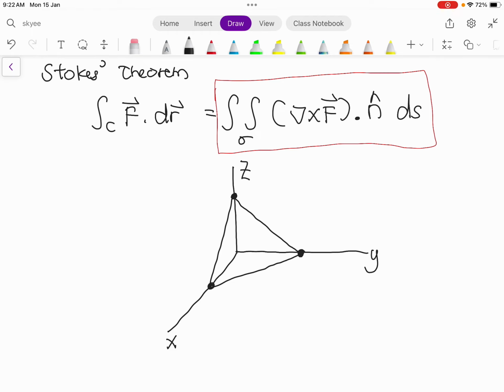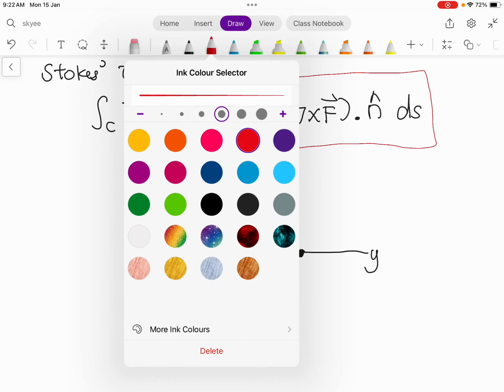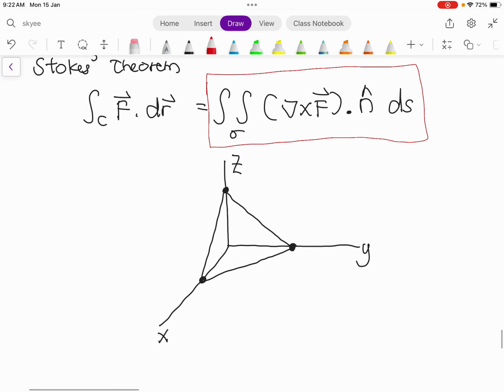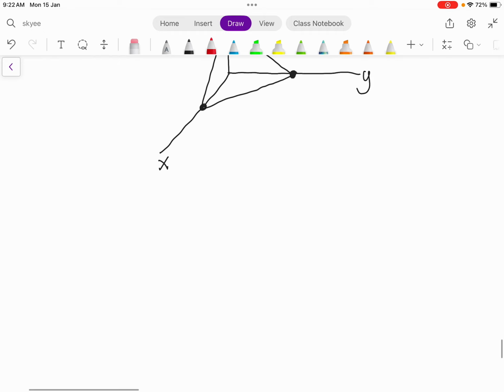Now let's look at our Stokes theorem equation. The first thing that you have to go through is the curl of the vector F. So let's find the curl of the vector F, which is equivalent to the cross product.